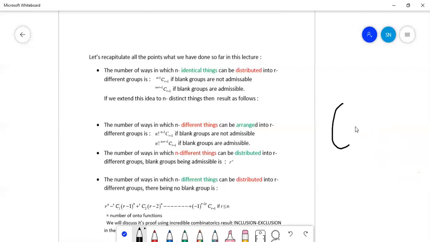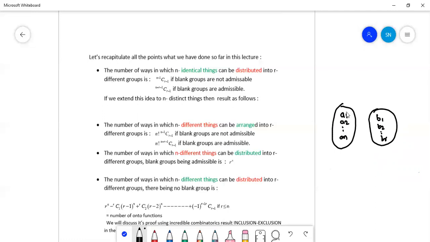Suppose there is a set here. There are n elements, a1, a2, and so on, an. All are distinct. And b1, b2, and so on, br. It is like groups.